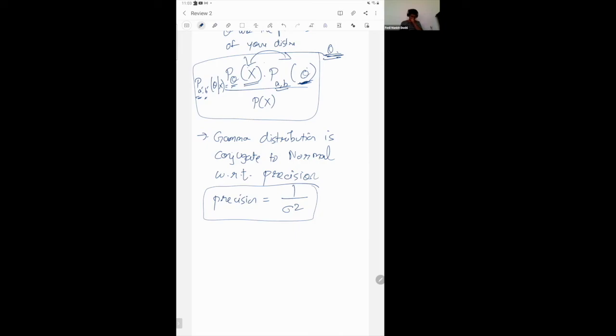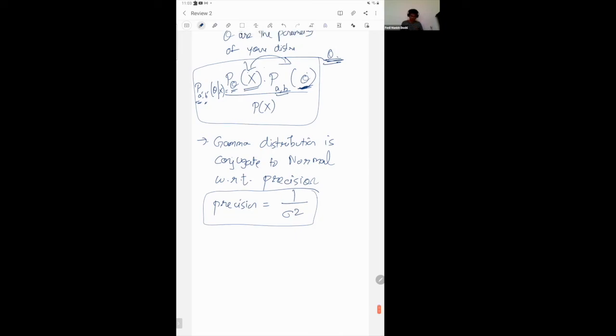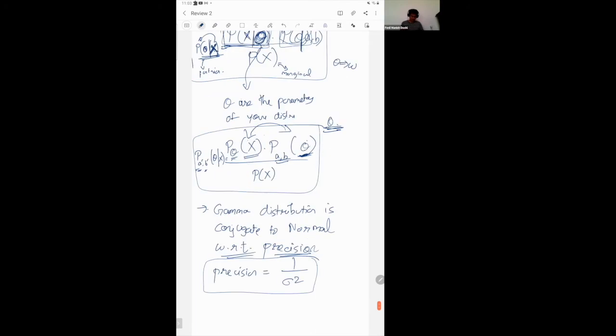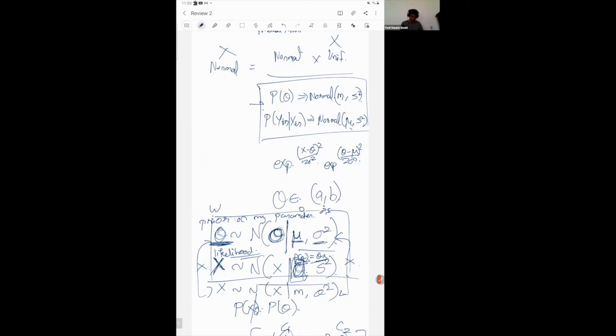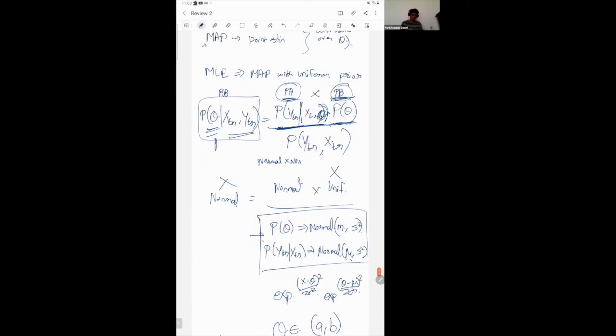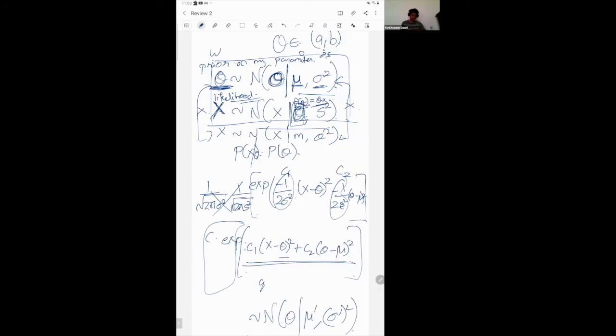Now when I say with respect to something, as in the parameters, here I said it's with respect to the mean, because of the parameter of x that I substituted. The prior that I had was on the mean of my likelihood distribution.